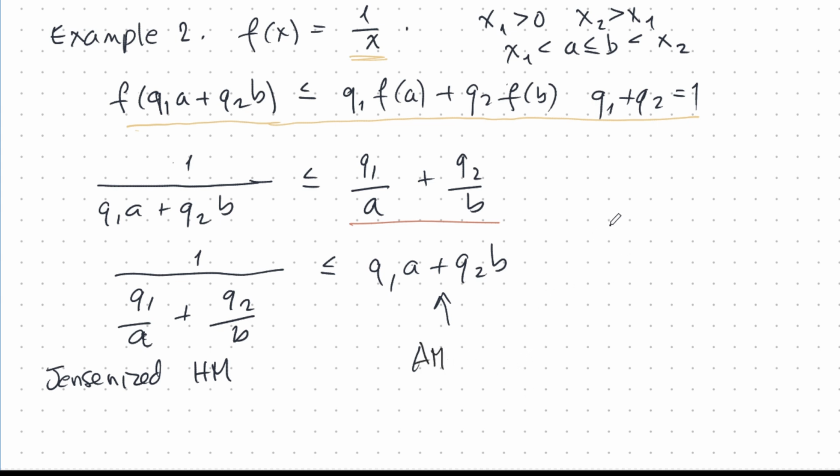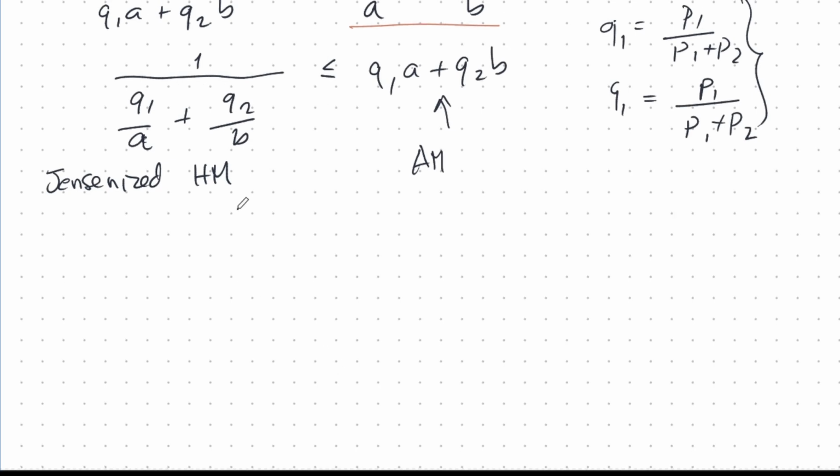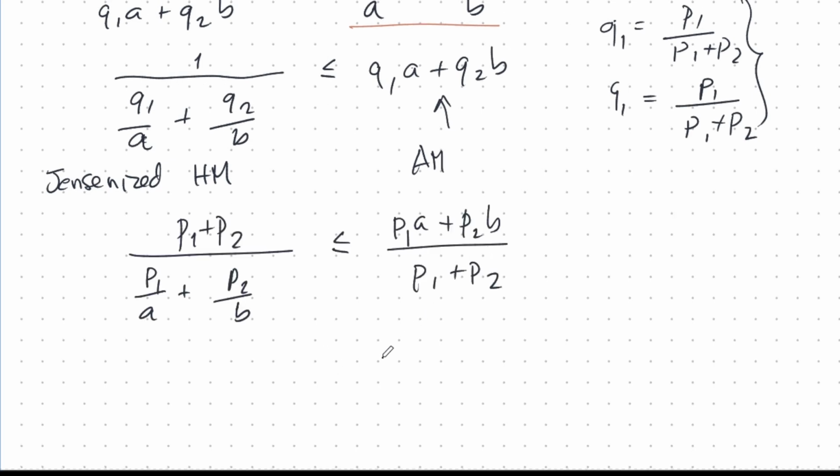But if I put back these two, it becomes a lot clearer. Now it looks a lot like harmonic mean and arithmetic mean. So if I take p1 as 1 and p2 as 1, they're not normalized, but now I'm okay. I'm not using normalized weights anymore.